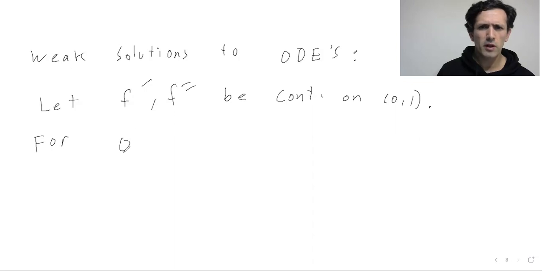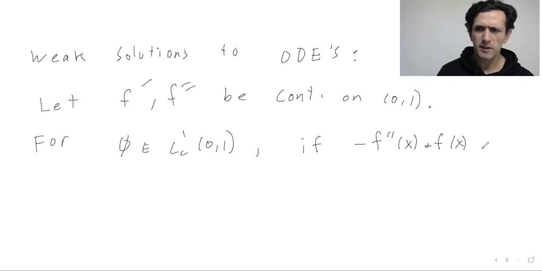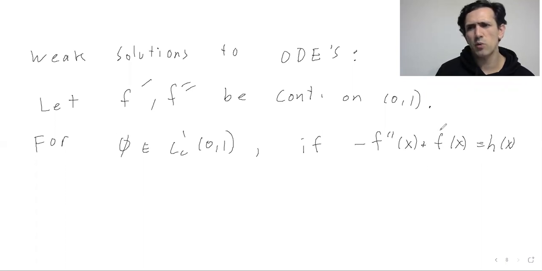So for phi in C_c^1 of (0, 1), if we have that minus f second prime of x plus f of x equals h of x for some function h of x, well, certainly f is continuous on [0, 1] because f prime is continuous. So at least h of x is continuous on [0, 1].